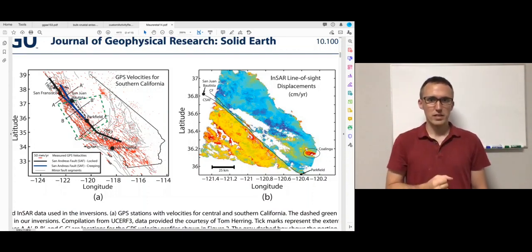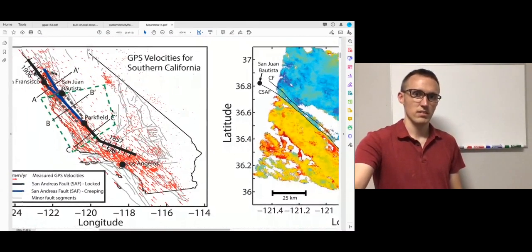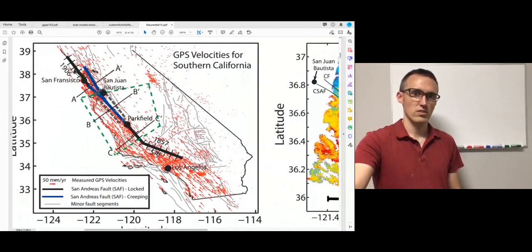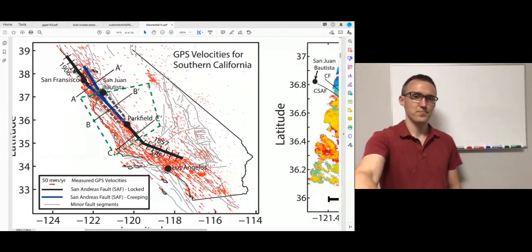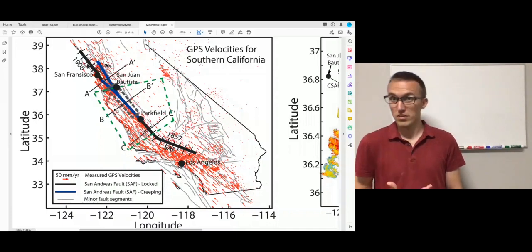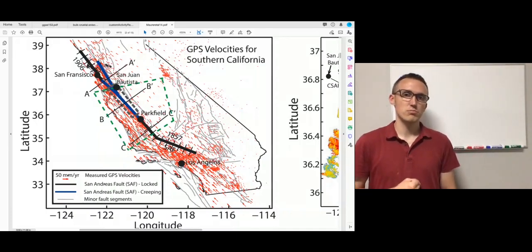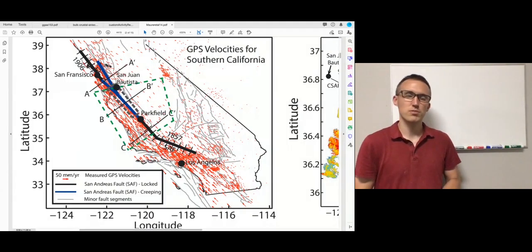So let's look at the GPS data, and I'm going to zoom in here a little bit for you if I can. So you again see those red arrows, and those are telling you how fast that point on the Earth's surface is moving relative to stable North America, essentially where we are here in Missouri.